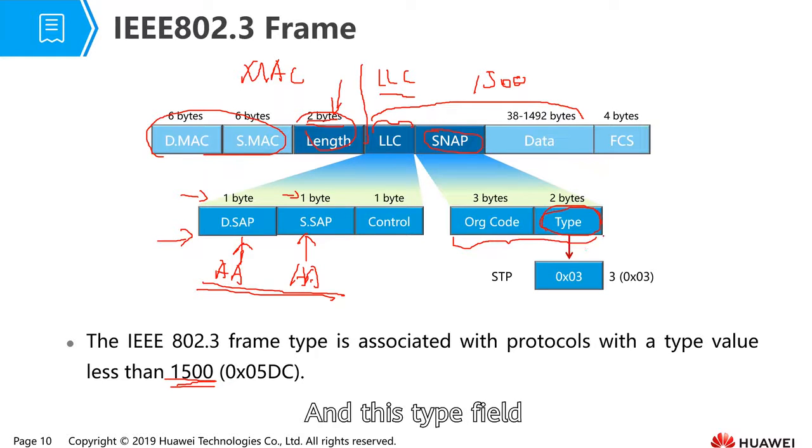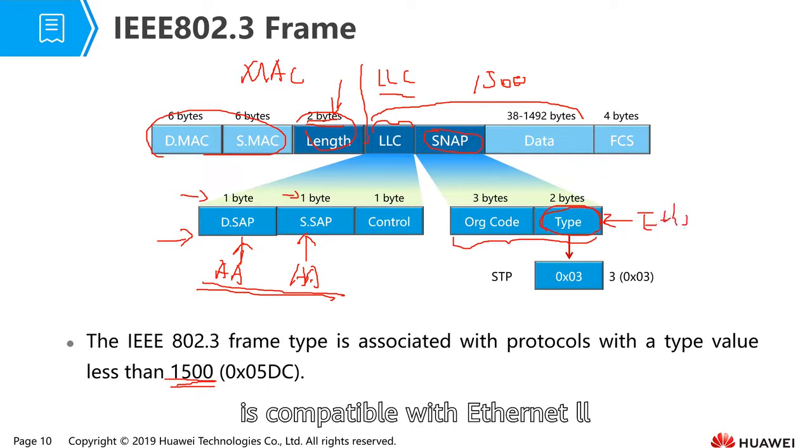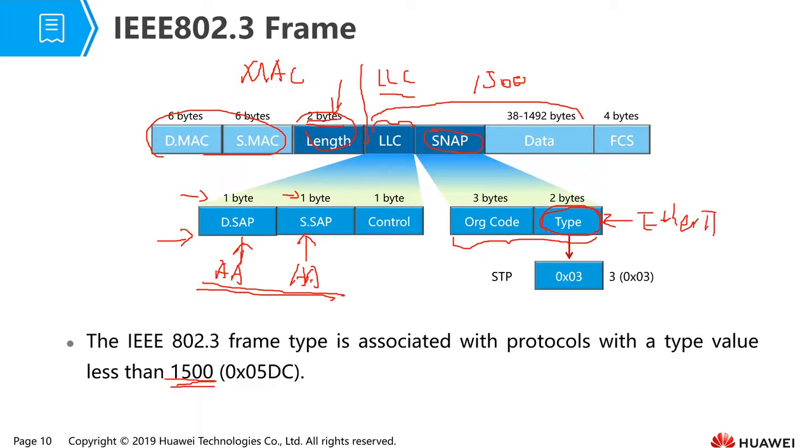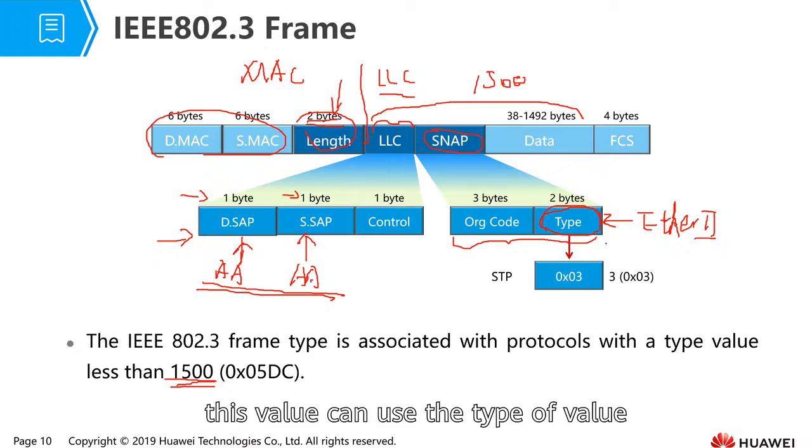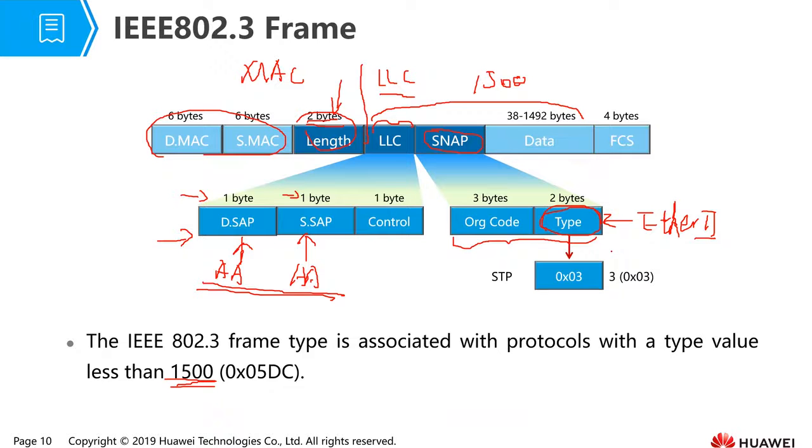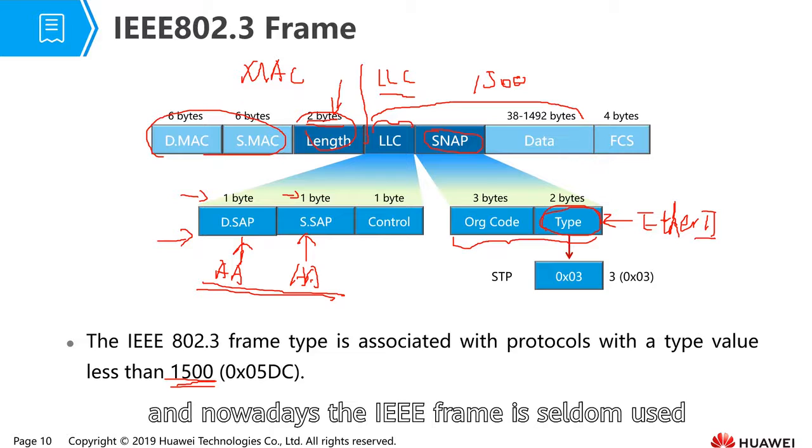This type field is compatible with the Ethernet 2, and this value can use the type value used in the Ethernet 2 frame. This is another frame, and nowadays this IEEE frame is seldom used.